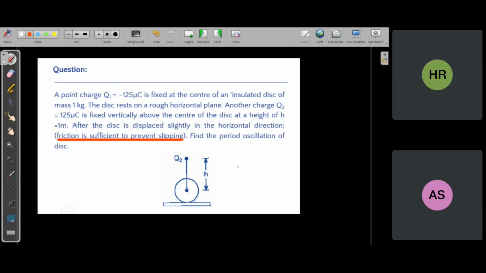Ultimately, you have to find omega, because the time period is 2 pi by omega. But how will omega come? Omega can come from the equation of alpha also, right? Omega square times theta, if you want to express it in terms of theta.